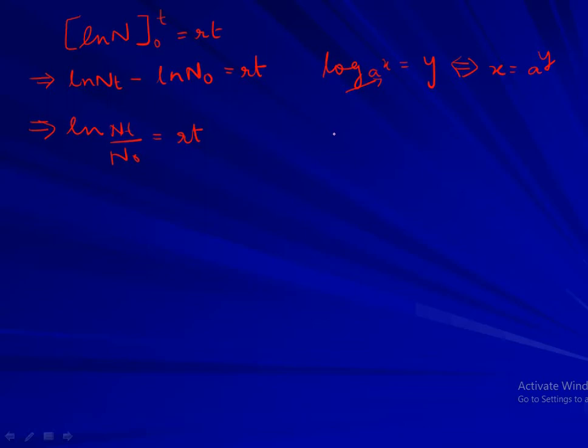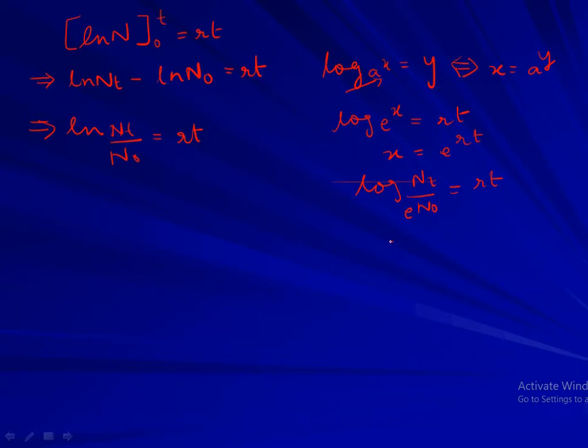So log of x to the base e is equal to, say for example, rt. It will be written as x is equal to e raised to rt. Similarly here it is log Nt/N0, to the base e, equal to rt. So if you kick this e, it will go this side.